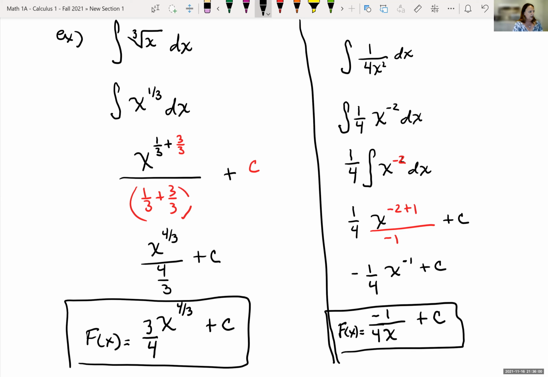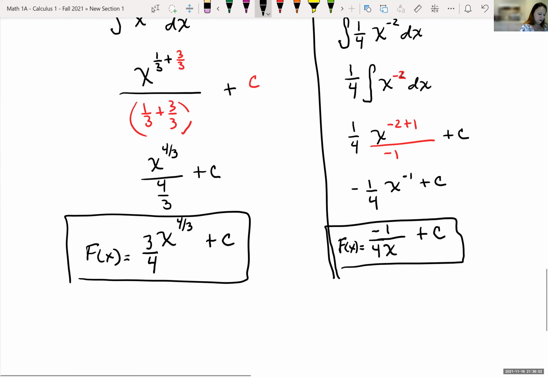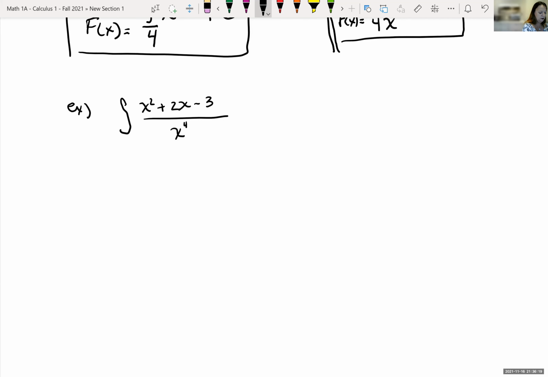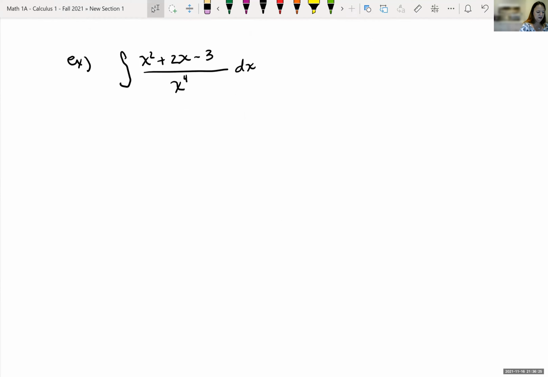Okay, let's say we're given that we have the integral of x squared plus 2x minus 3 all over x to the 4th dx. So again, looking at this, we're manipulating this so that we can take the antiderivative.